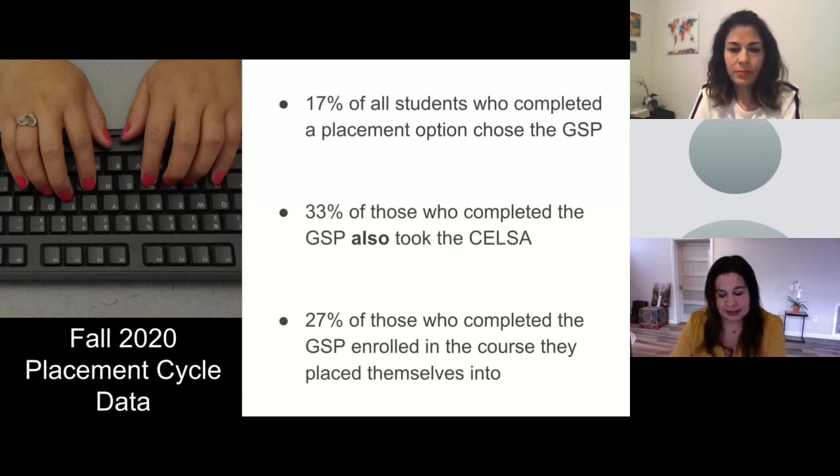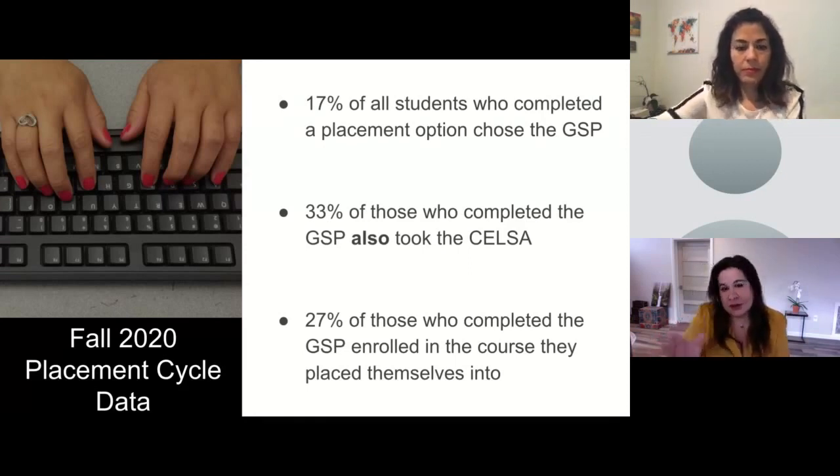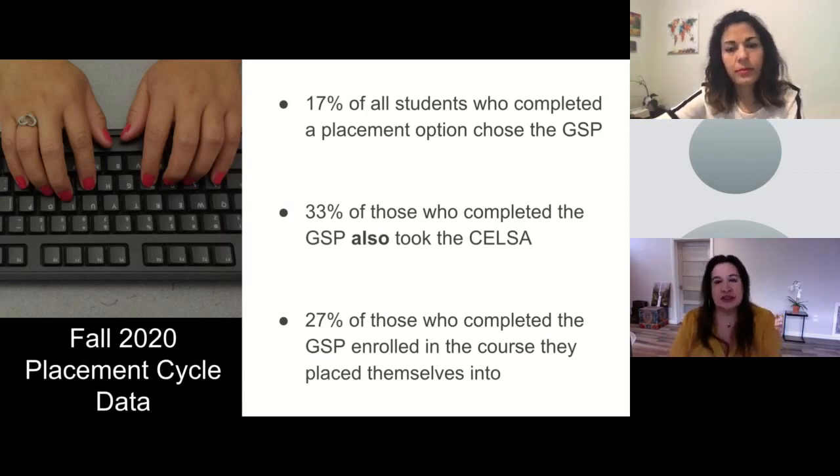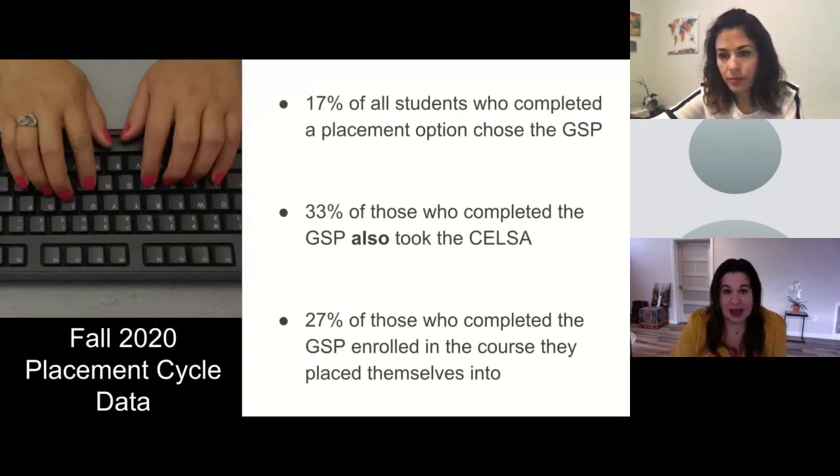Because we're doing the pilot with the guided self-placement and we're still in that period of time where we're able to use our previously adopted instruments, we're still using the KELSA. But we have moved it into a Canvas shell so that it's fully online. So the KELSA is still the test that students can take. It's a grammar multiple choice test, and that's the gist of that placement instrument.